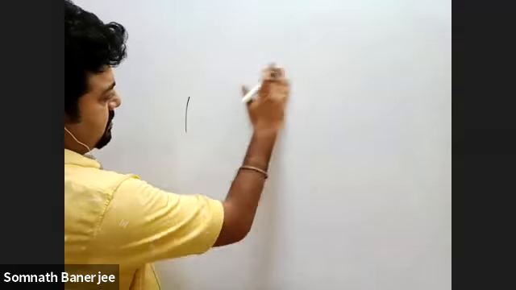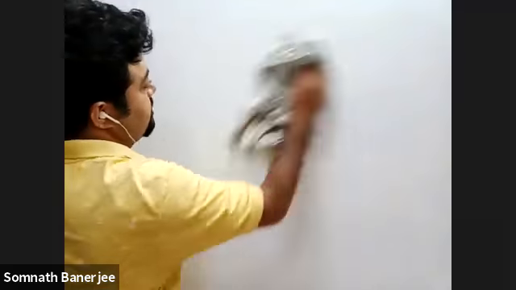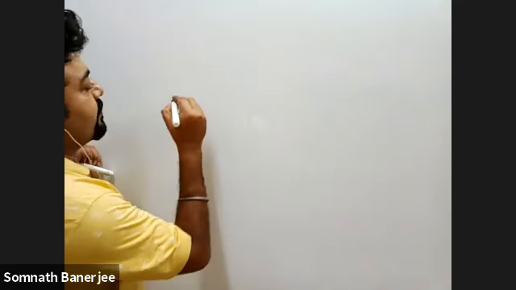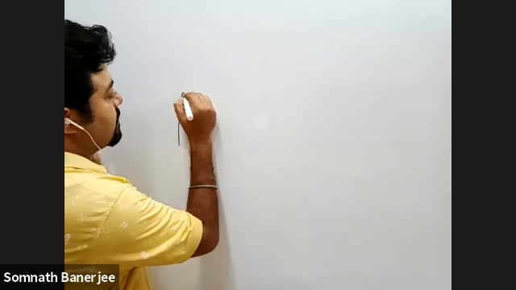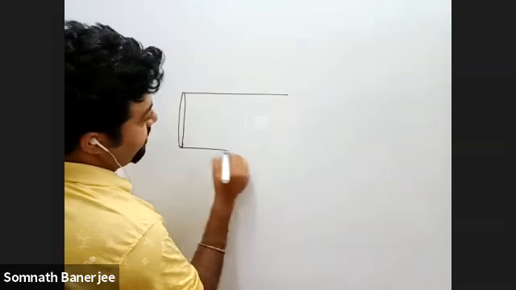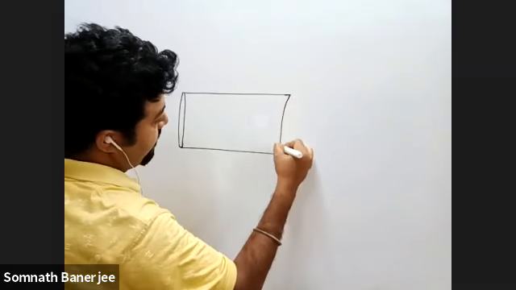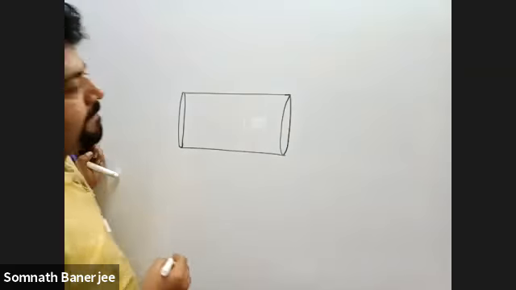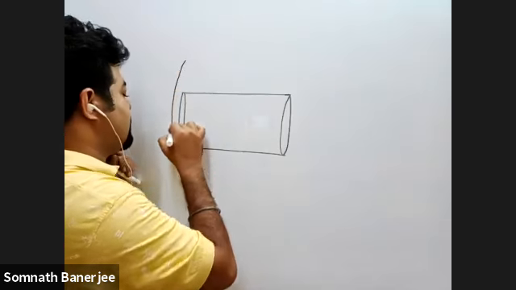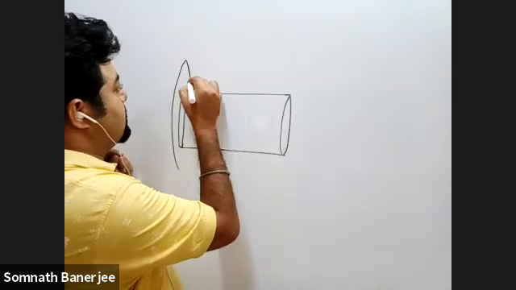So suppose we have two coils. This is the first coil. And we have one more coil like this.